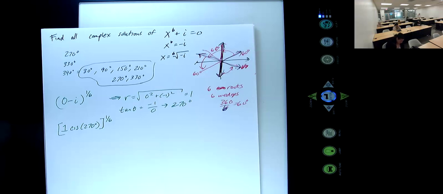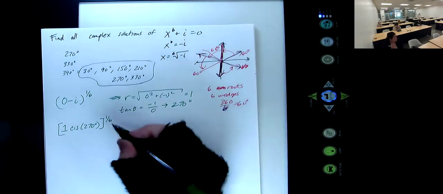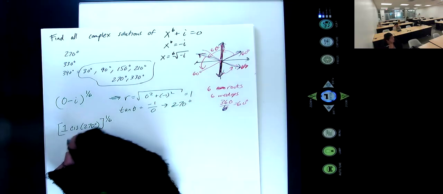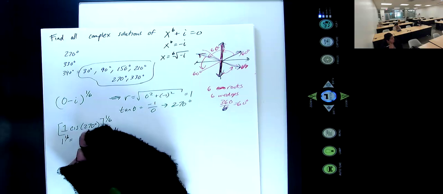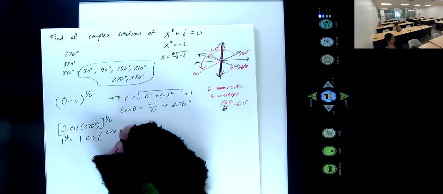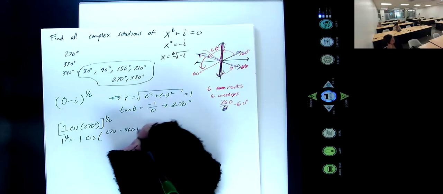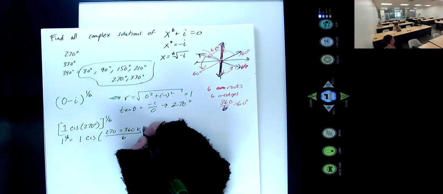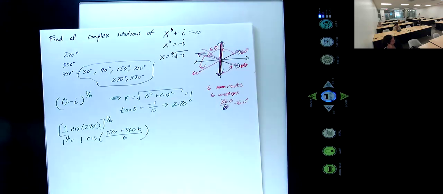I think my angles are off. Because when I do it the right way, I get 1 to the 1/6, which is 1, cis of 270 plus 360 k over 6. And 270 over 6 is not one of those. I think my intuition was off.